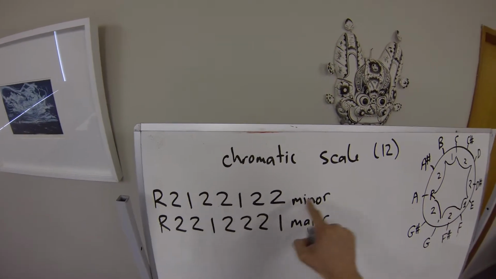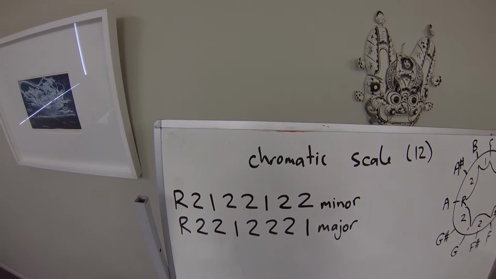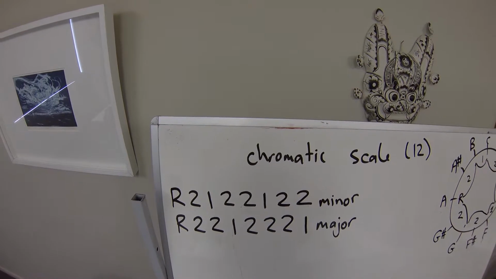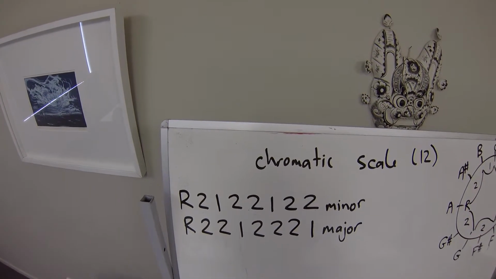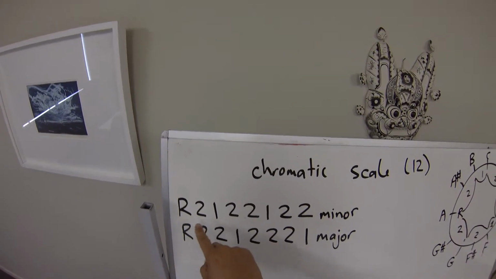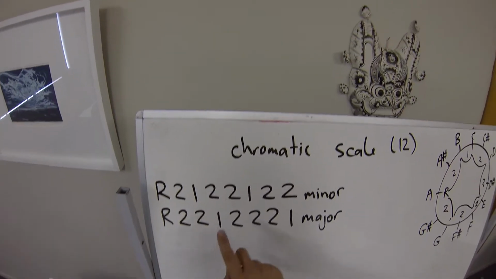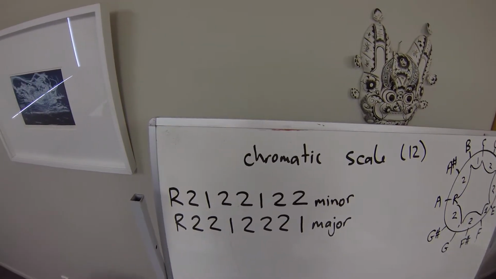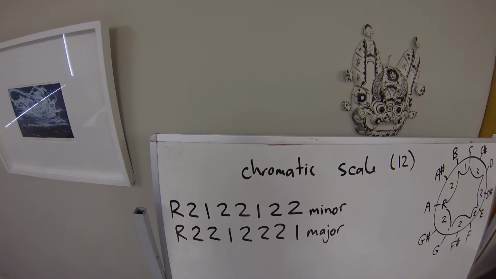Now, those patterns we really need to learn. We need to learn them with our voices, and we also need to learn them as number patterns that we can remember. You might remember it as a rhythm. Root 2, 1, 2, 2, 1, 2, 2. Or root 2, 2, 1, 2, 2, 2, 1.